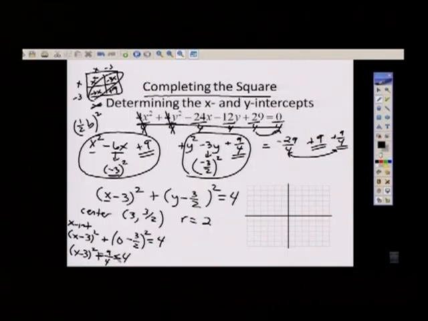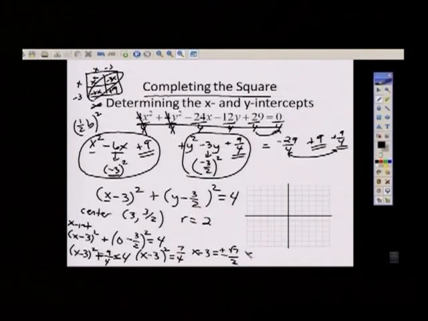If I subtract over the 9 fourths, I have (x - 3)² equals 16 fourths minus 9 fourths, which gives me 7 fourths. Then I have x minus 3 equals plus or minus the square root of 7 over 2, by taking the square root of the top and the bottom.